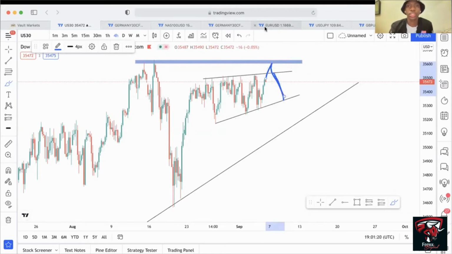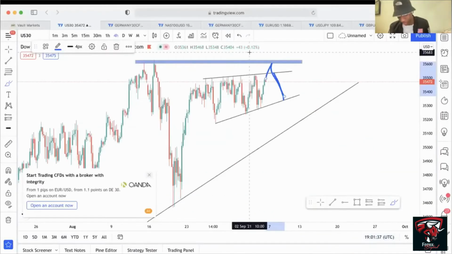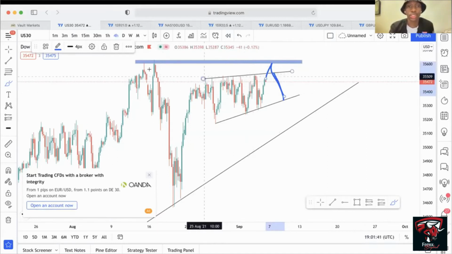We had a third touch, just as I made an example of in the ranging markets. So 1, 2, and then remember I pretended that, yeah, 3, right? I need to stop pretending and make sure my drawing is proper. So that's my US30 analysis.